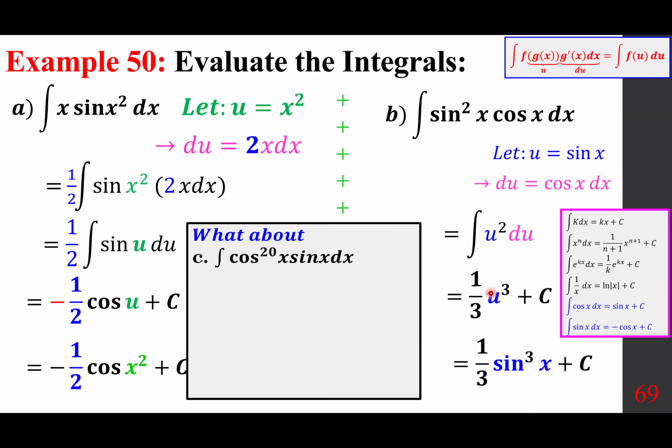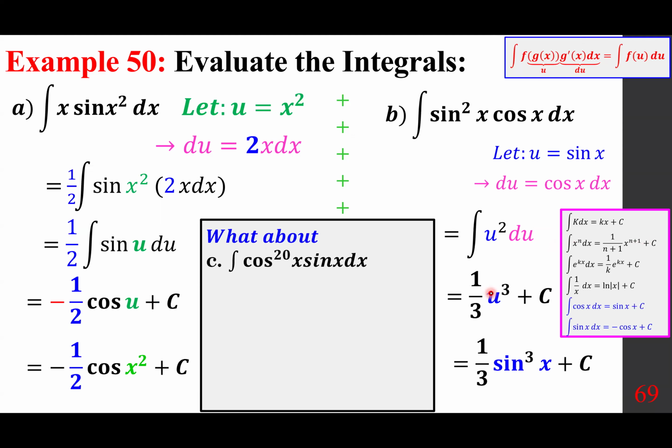What about this case? Again, we have sine and cosine. But this time it is cosine that has the exponent. Therefore, u is cosine x. The derivative is negative sine, which makes du negative sine x dx.